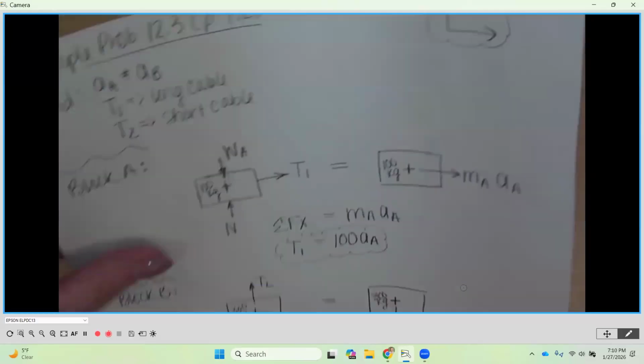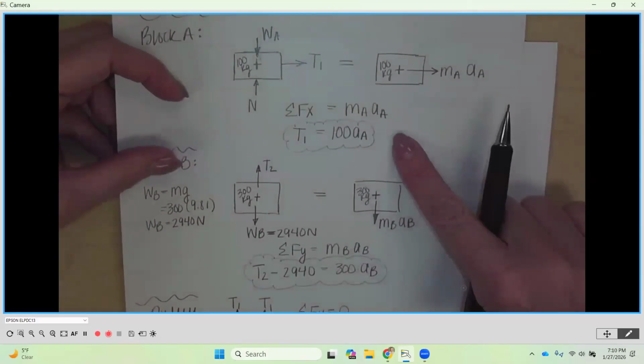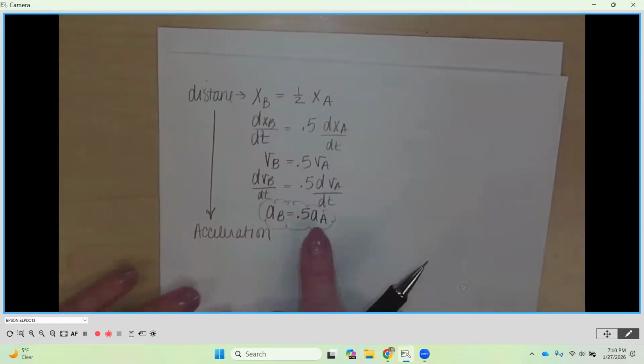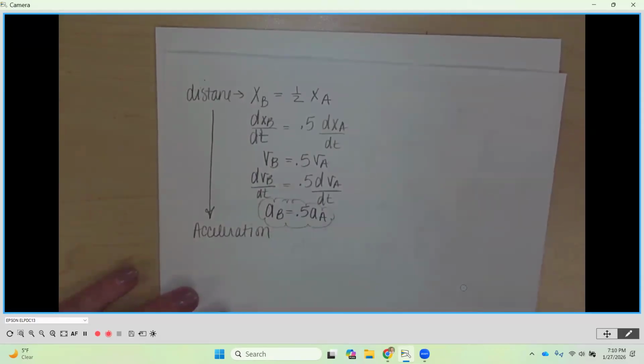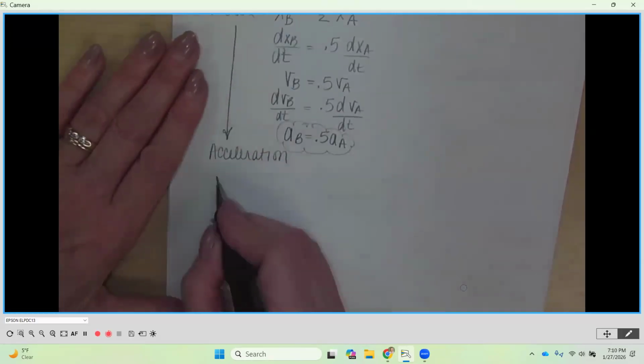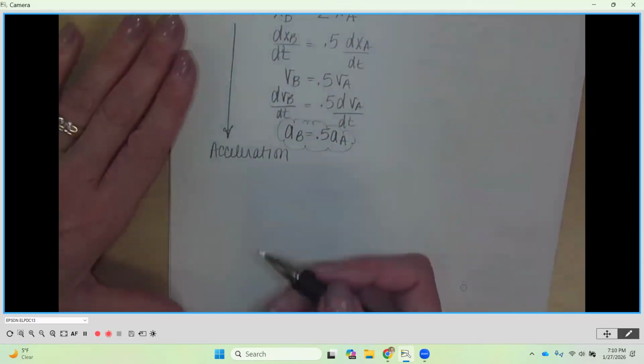So I now have 4 unknowns with equations 1, 2, 3, and now 4 here. All I'm going to do right now is take those 4 equations and write them out here so I have them handy.